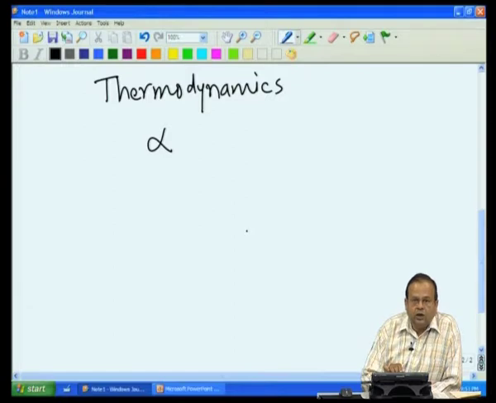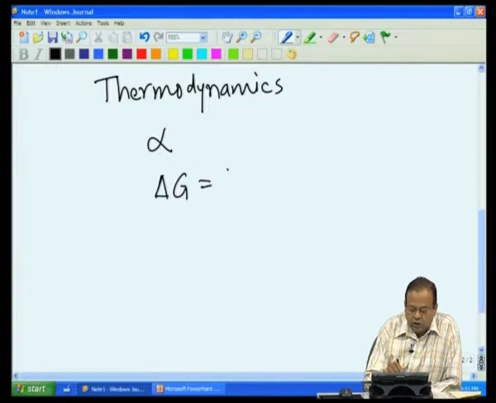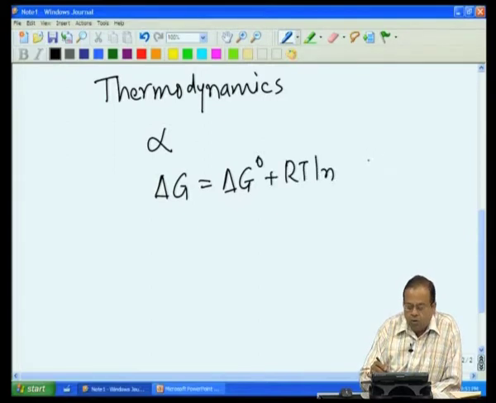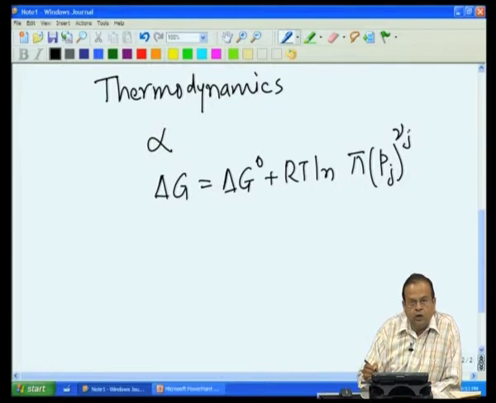And this led us to using the free energy concept and saying that delta G, the free energy change, is delta G 0 plus R T ln product of, let us say if you are writing a gas phase reaction with ideal mixture behavior, P_j raised to nu_j.